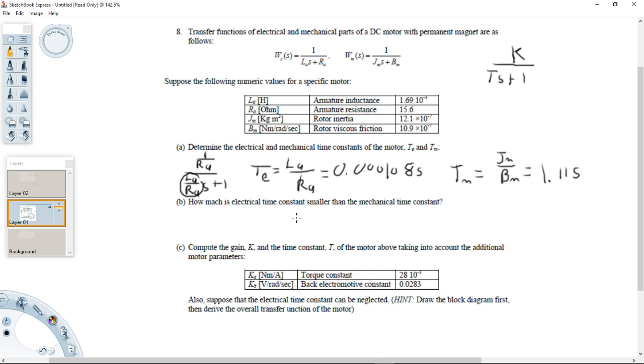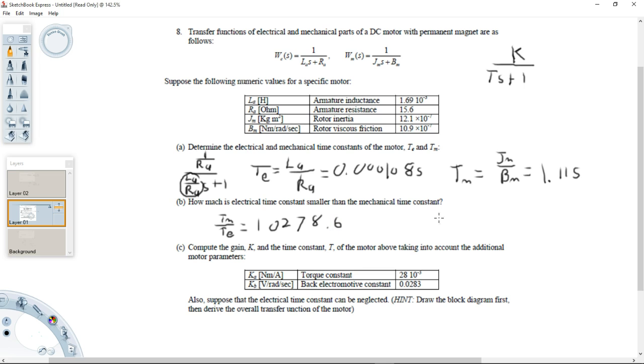So they want to show you how much more the mechanical time constant is from the electrical time constant. So that would just be the time of mechanical over the time of electrical. You get 10,278 times bigger than electrical.